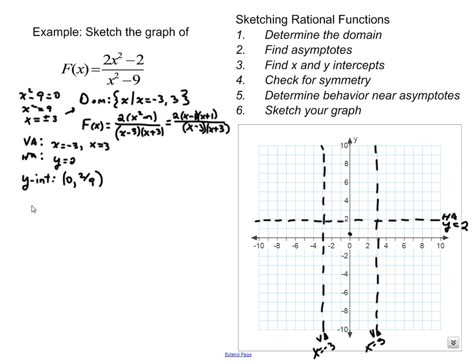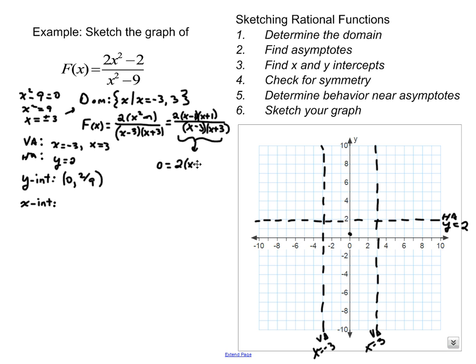What about x-intercepts? Well, x-intercepts occur at any points where the function itself is equal to 0, but really the place where we need to look is where the numerator is equal to 0. I've already got my function here in a nice factored form, so what happens when we set it equal to 0? Well, only the numerator matters, right?